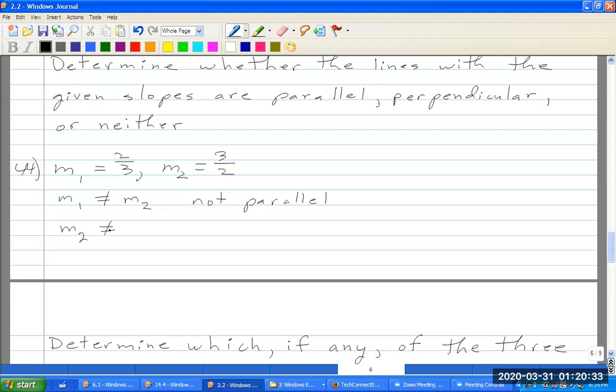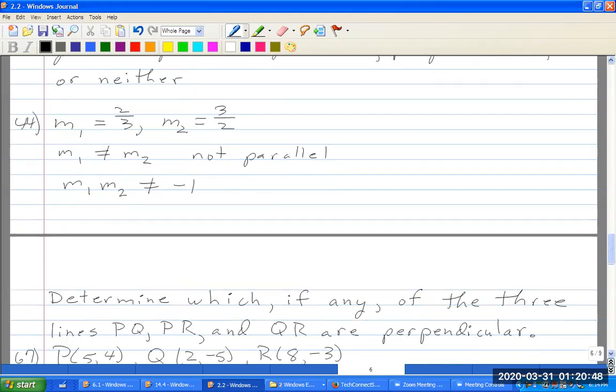M1 times M2 is not equal to -1. Positive times positive is not negative. So these are not perpendicular. So since they're neither parallel nor perpendicular, the answer is that they're neither parallel nor perpendicular.